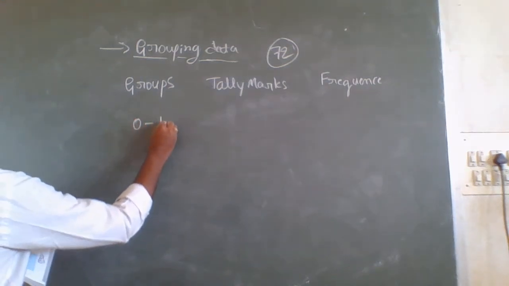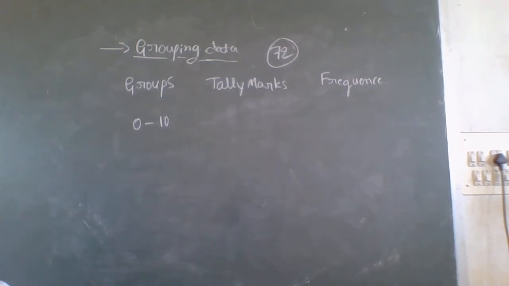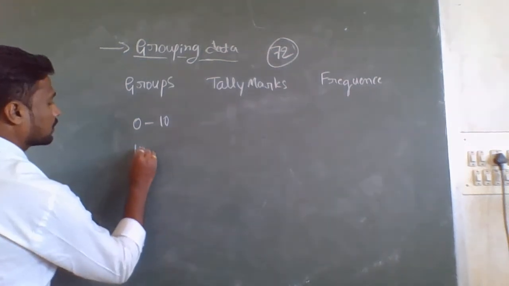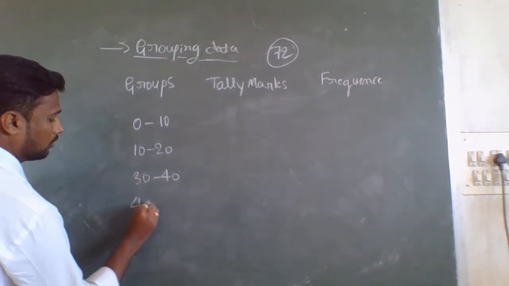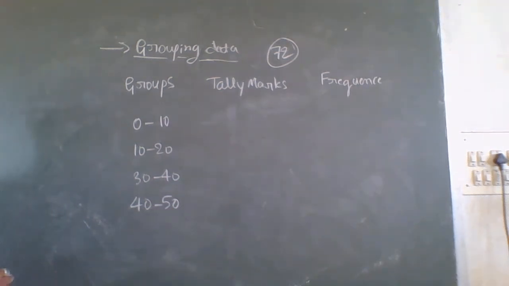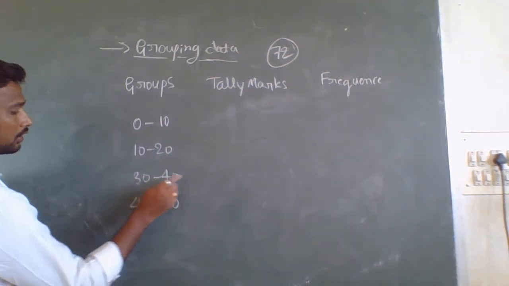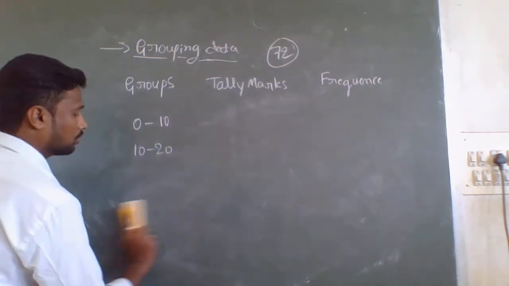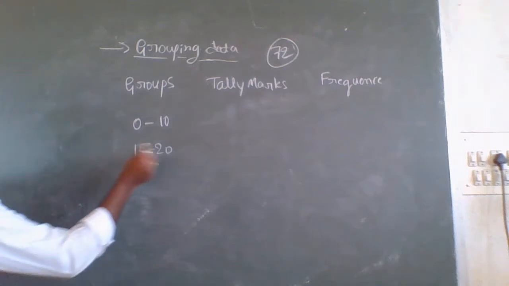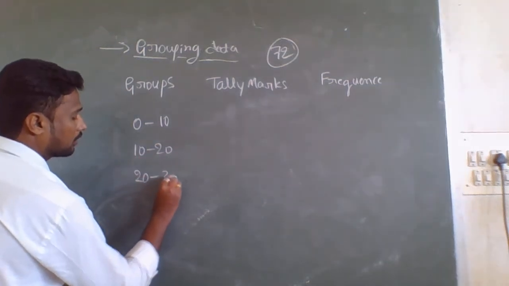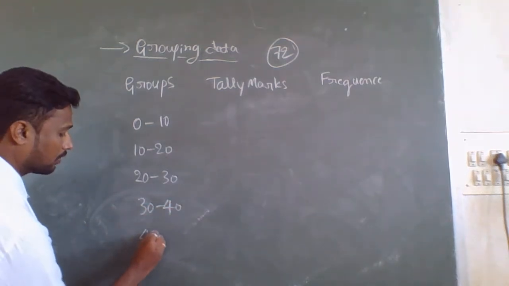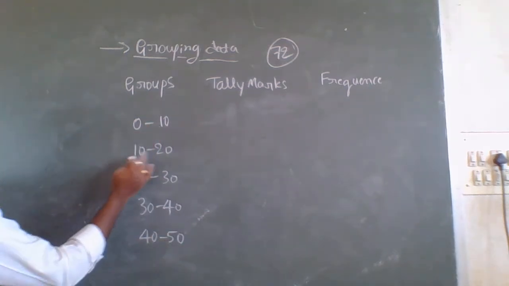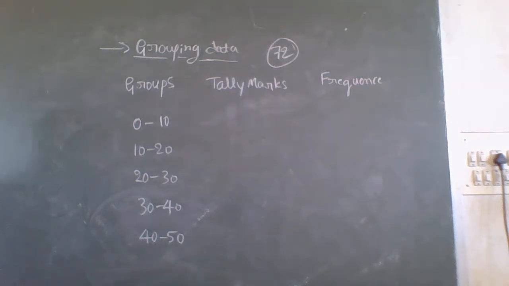So here the groups: 0 to 10, 10 to 20, 20 to 30, 30 to 40, and 40 to 50.